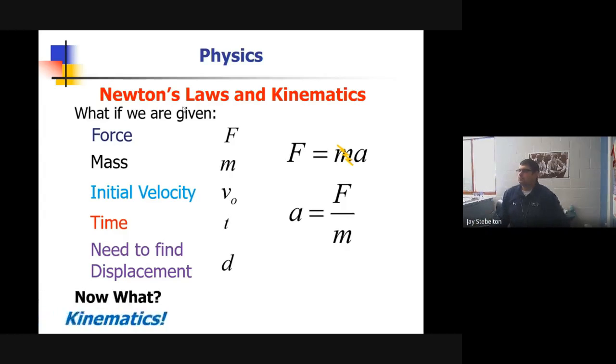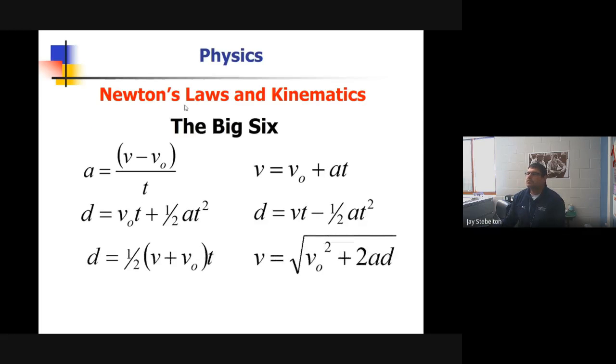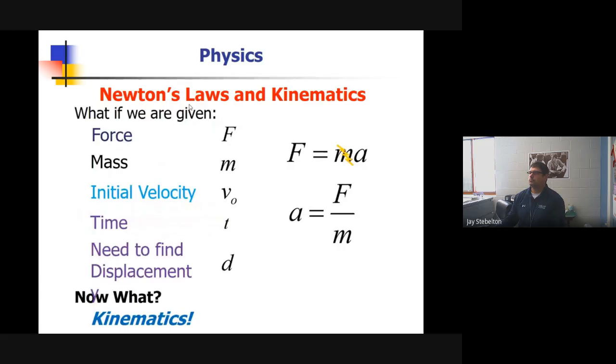Now what? Well, now kinematics. One of these equations has displacement if I know initial velocity, acceleration, and time. Which one? Right there, the displacement equation. So with these givens, I can solve for how far I will be at some future point.